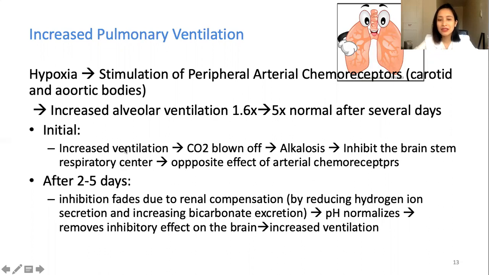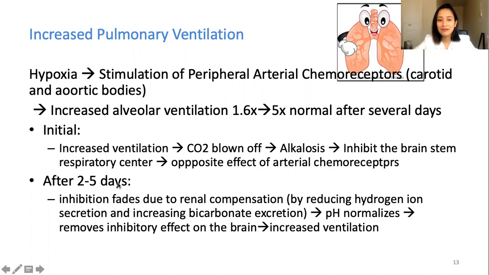Initially, the increased ventilation will blow off your CO2, and this will result in respiratory alkalosis. The alkalosis will now inhibit the brainstem respiratory center, which has the opposite effect of arterial chemoreceptors.